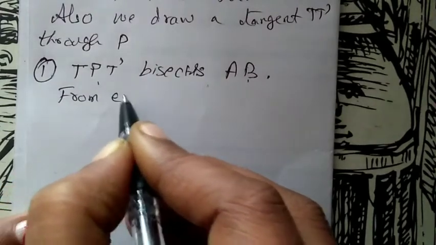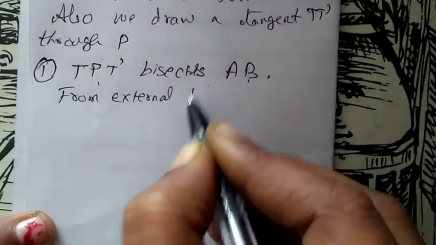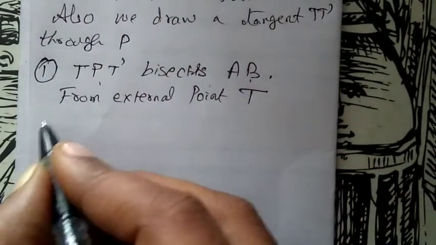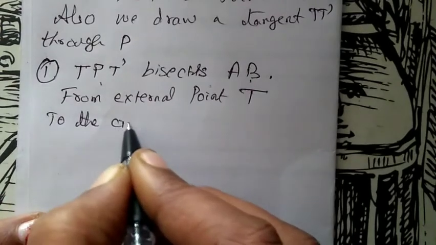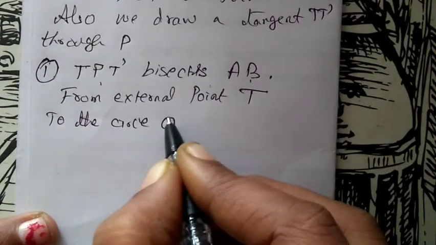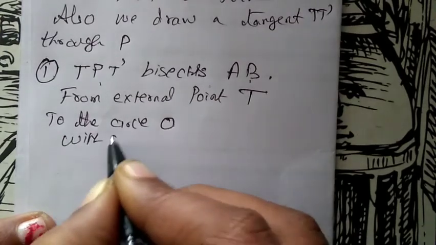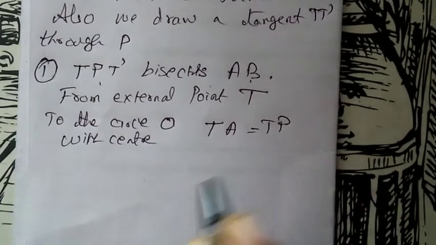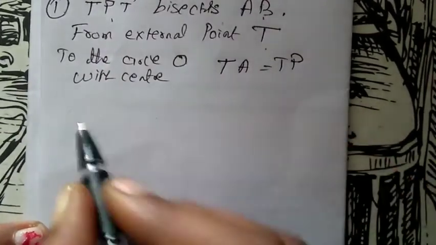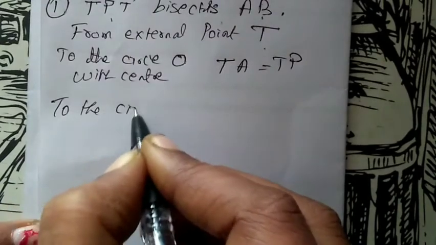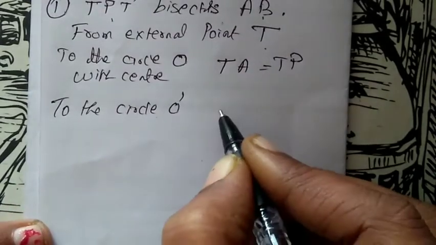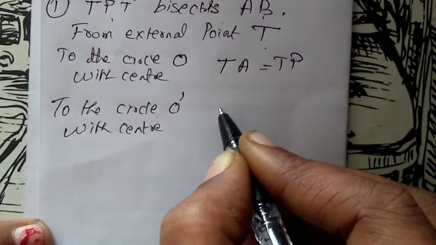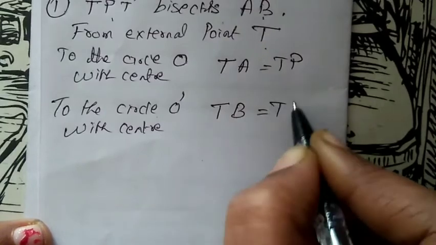From external point T to the circle with center O, TA equal to TP. Similarly, from the external point T to the circle with center O dash, TB is equal to TP.